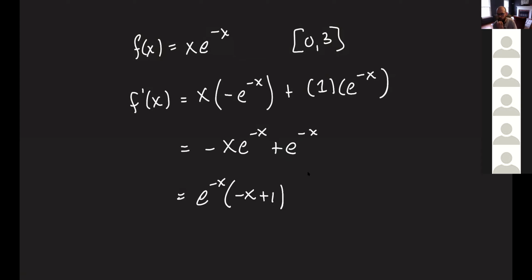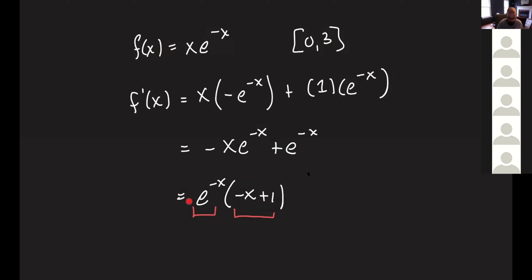Okay, so Luke, your question was, does e to the minus x have a critical point? My guess is you're asking, is this term ever equal to 0? If I'm going to get a 0 here, you can see that when x is equal to 1, this term right here, negative x plus 1, will become 0.